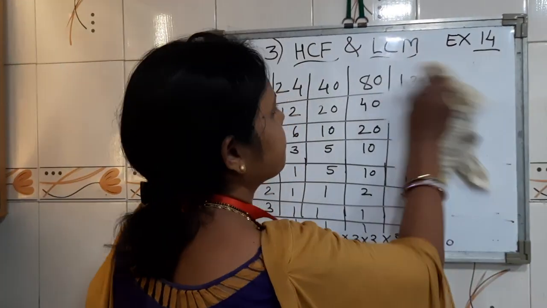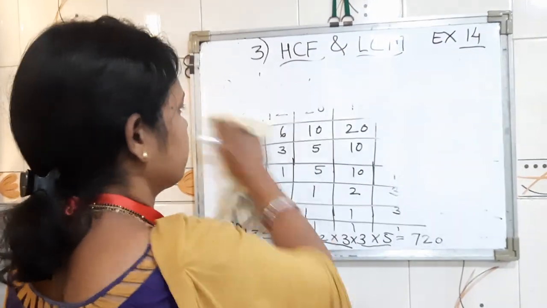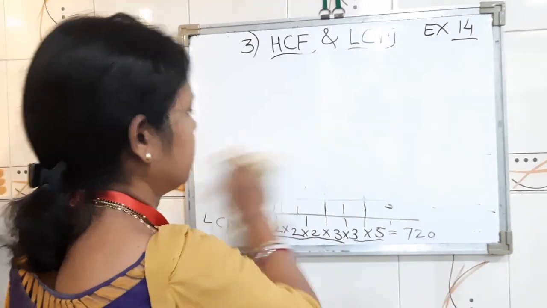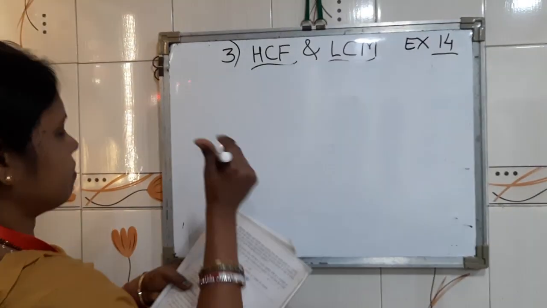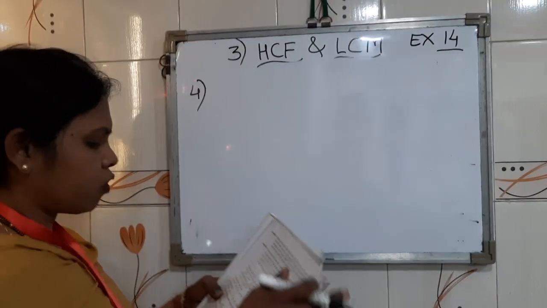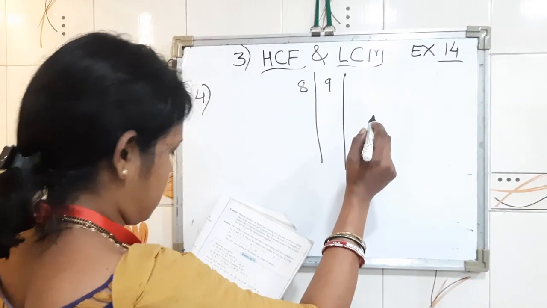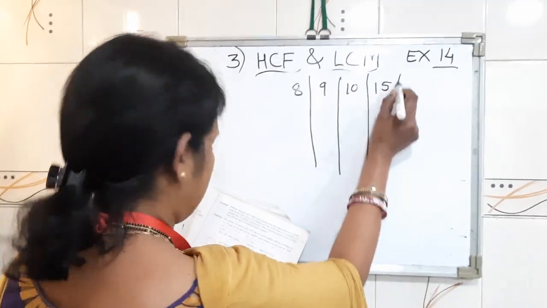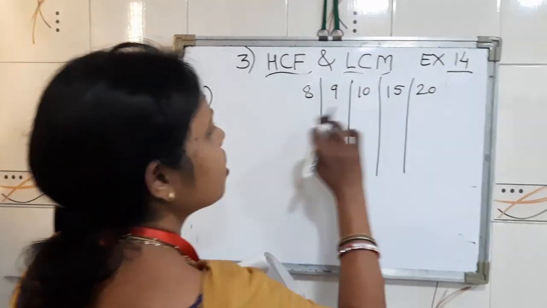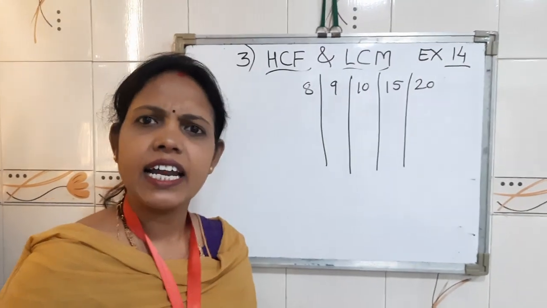Next one, question number 4. Now 8, 9, 10, 15 and 20. Here now the numbers have increased.